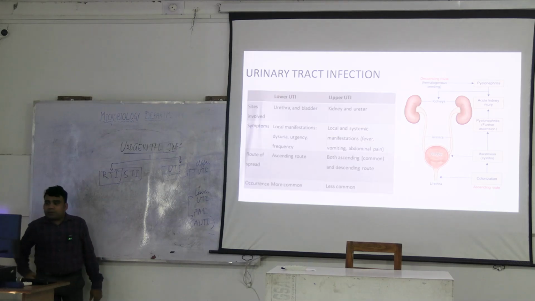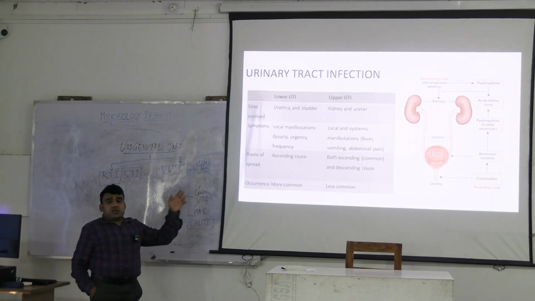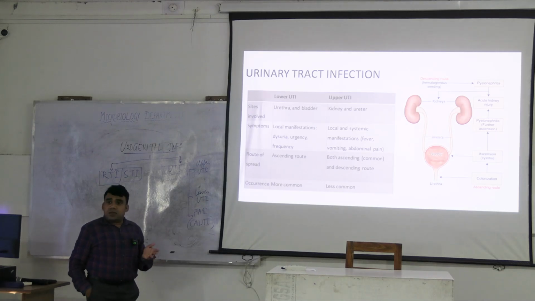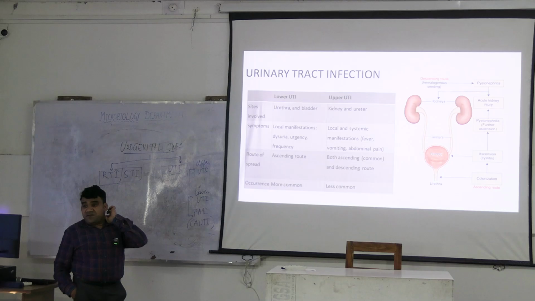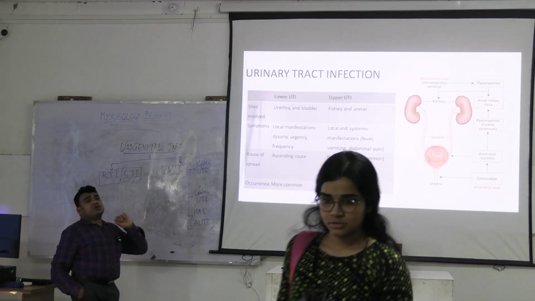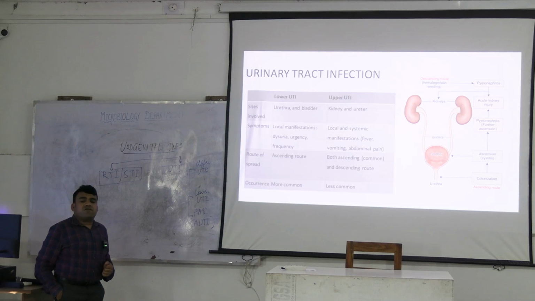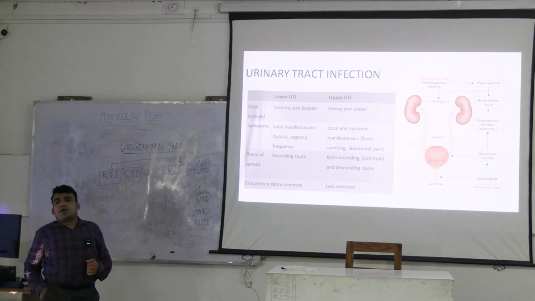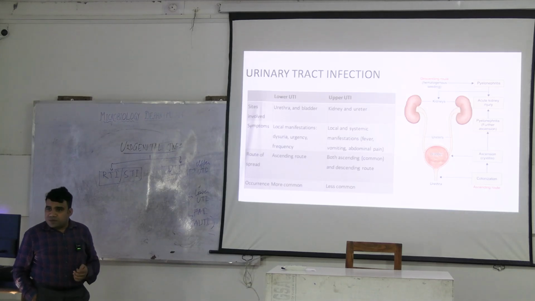Okay. Now, these are the main differences. Obviously, we have understood which of the organs are affected in upper and lower urinary tract infections. Now, coming to the manifestations. The manifestations will also be different in both cases. For example, in lower urinary tract infections, let us start with the most distal part. If there is inflammation of the urethra, what will be the complaint of the patient?